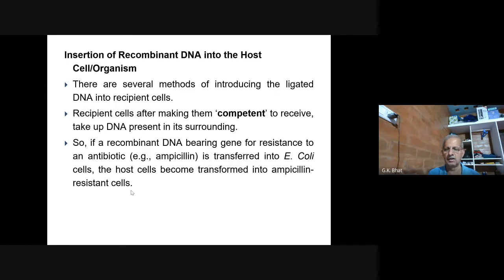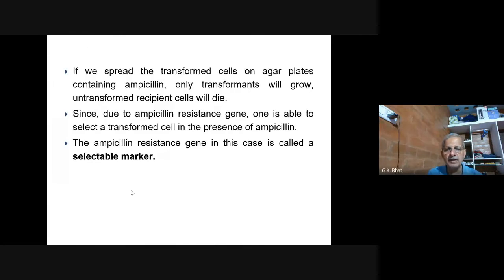Now, if you spread transformed cells on agar plates, transformed cells are the cells which received a foreign plasmid. If this plasmid has a recombinant DNA, we call them recombinant varieties. If you spread the transformed cells on agar plates containing ampicillin, only transformants will grow and untransformed cells will die.